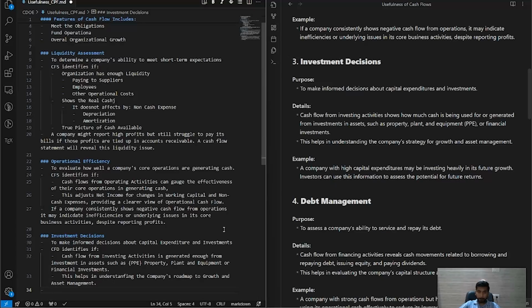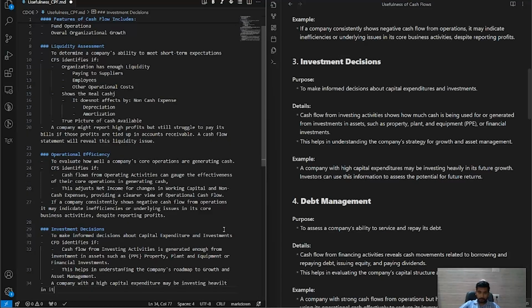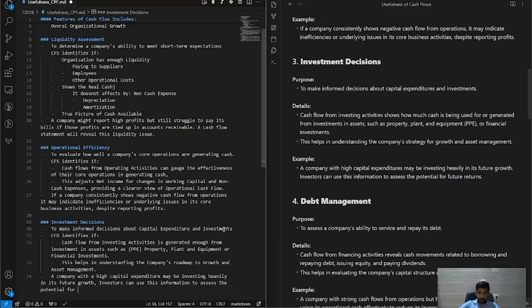For example, a company with a high capital expenditure may be investing heavily in its future. Investors can use this information to assess the potential for future returns.